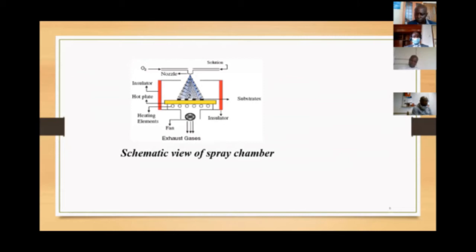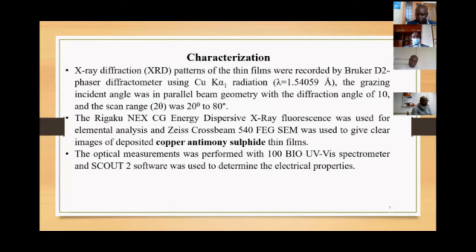So I did characterization of my samples, that is, the thin film samples of copper antimony sulfide that were prepared. I used XRD, a Bruker diffractometer, at a wavelength of 1.54059 angstrom. Then I used energy dispersive X-ray fluorescence, EDXRF, to determine the elemental composition of the thin films.